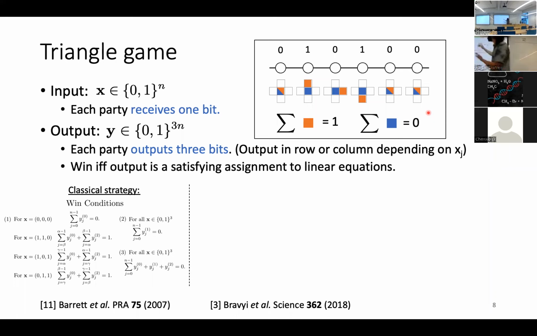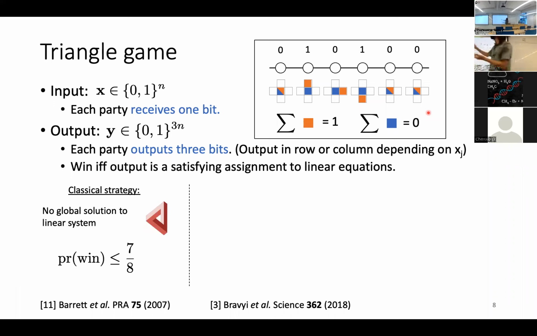Okay, now the full set is a little bit complicated, but to form a perfect classical strategy that wins without communication for this non-local game, it should be the case that there is a global assignment for all of these linear equations. But indeed, one can easily show that there's no global solution to this system of linear equations. At best, you can win on 7 out of 8 of the equations, or 7/8 is the fraction of the number of equations that you can satisfy simultaneously.